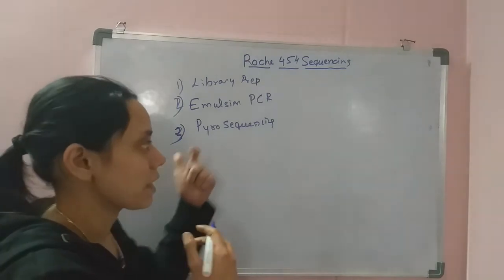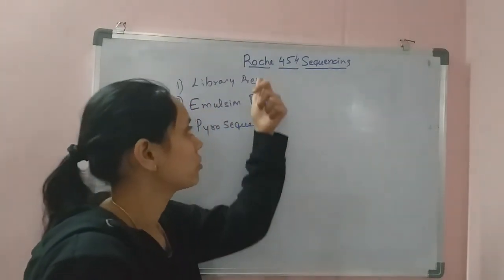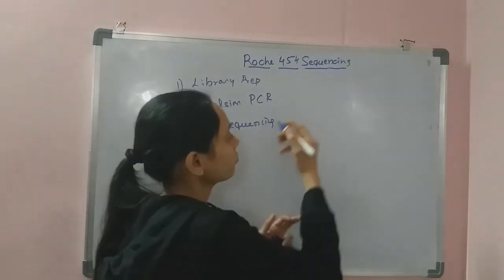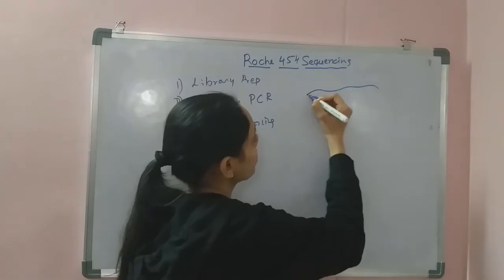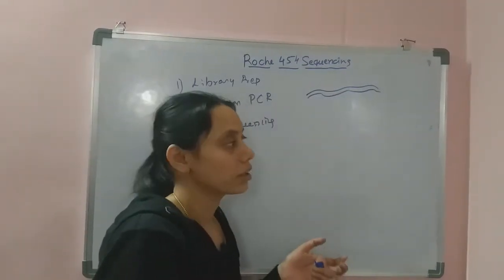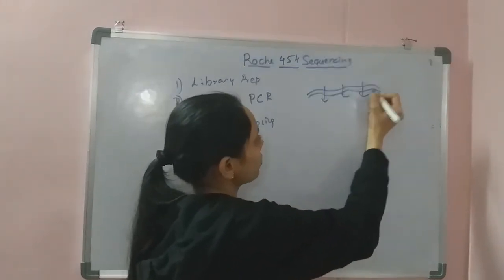During this library preparation, which is the first step in Roche 454 DNA sequencing, let us consider a large DNA that is going to be sequenced. Here we need to make fragmentation.